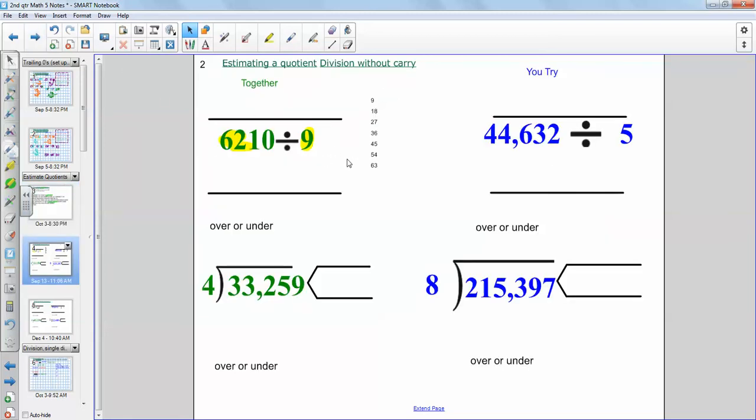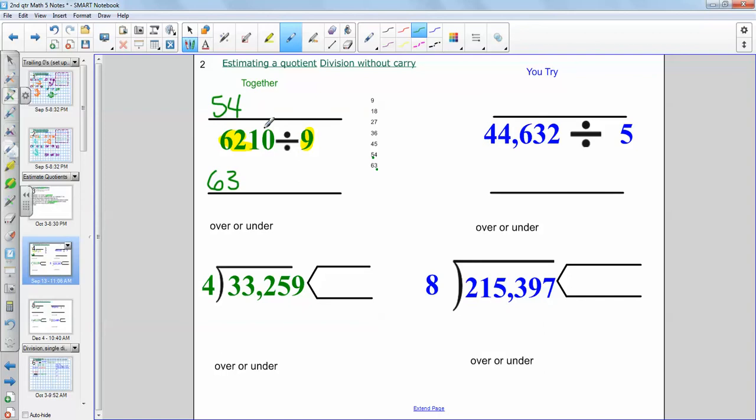So, what are my two closest multiples? My two closest multiples are going to be 54 and 63. So I'm going to write in 54. That's going to be a low estimate. And 63 is going to be a high estimate.